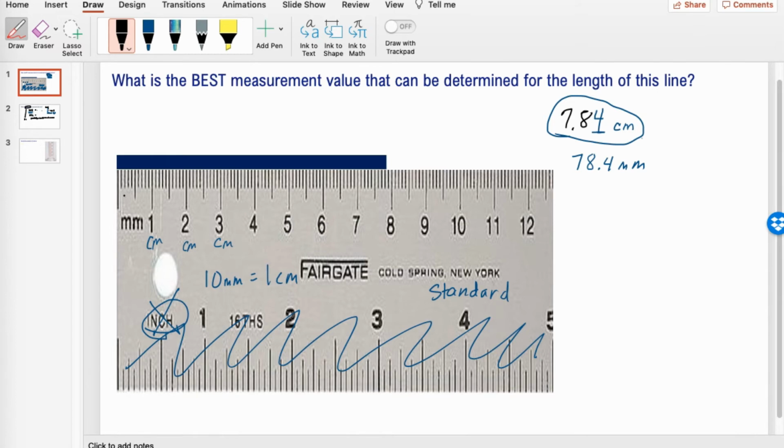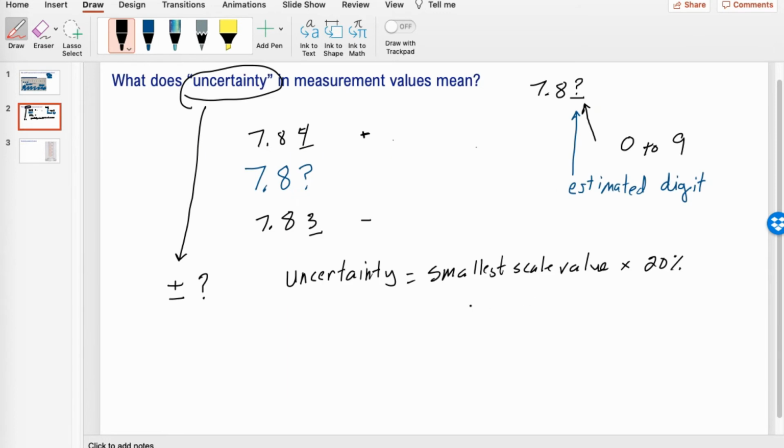If this is the value of 1, and halfway right here would have to be 0.5, which means that's 0.4, 0.3, 0.2, 0.1. So the smallest scale value for this particular measuring device is 0.1.